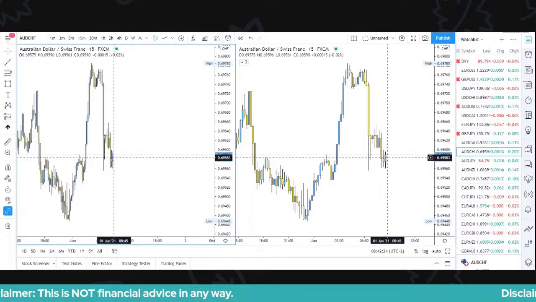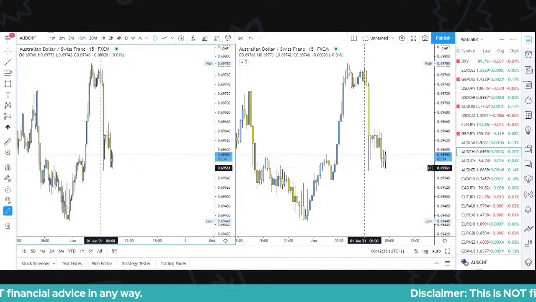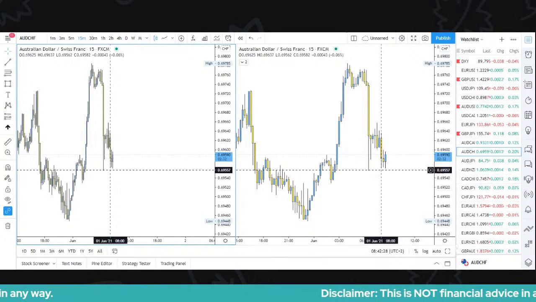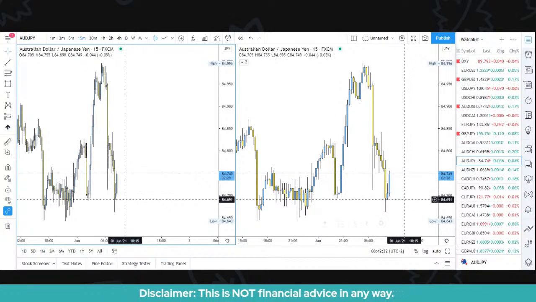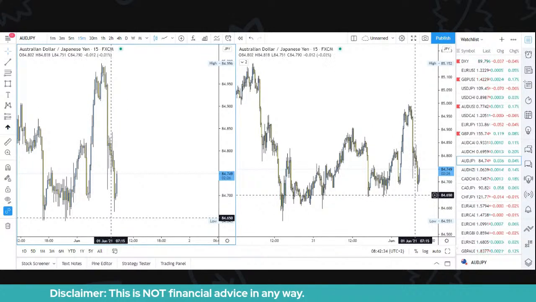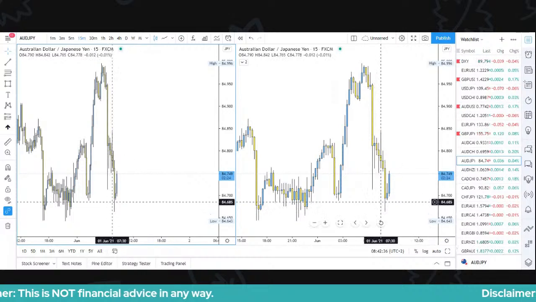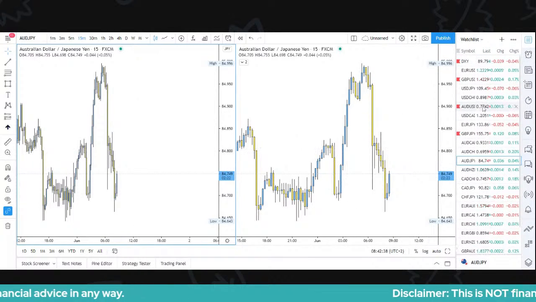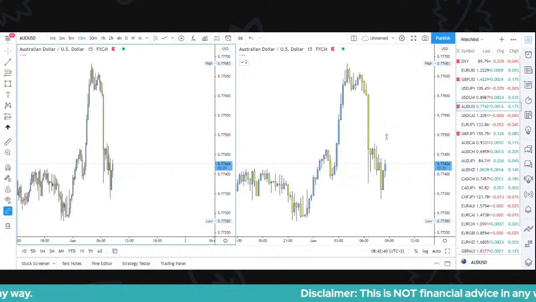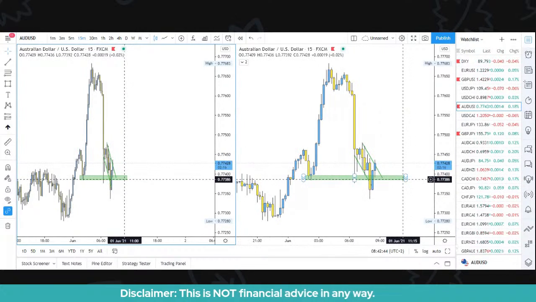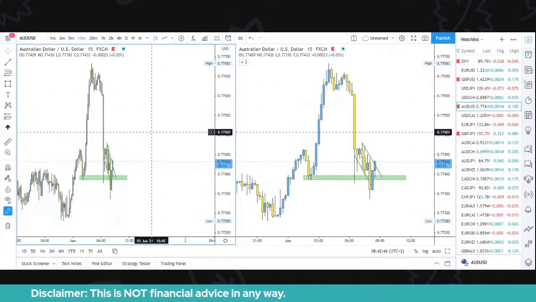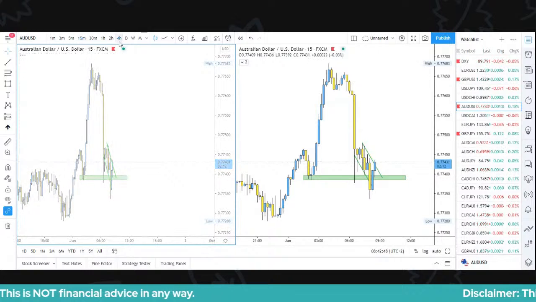Price is now pushed down. You can see tons of weak rejections. AJ looking similar, double bottom, sorry, weak rejections. I think there is a very, very big possibility that AUD USD might go up from here.